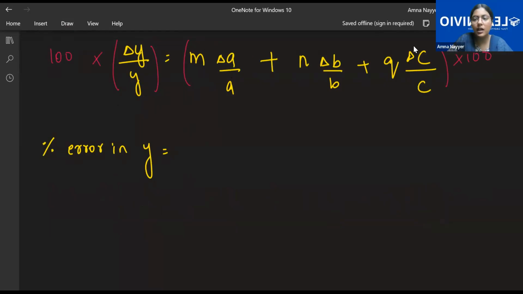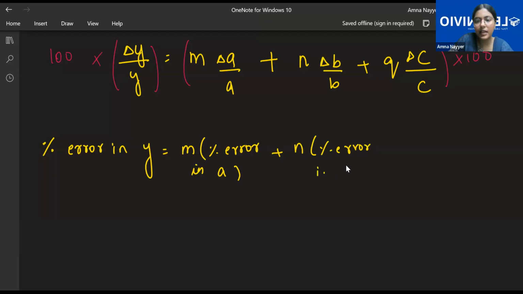This 100 will be technically multiplied inside within the bracket. So it will be m times the percentage error in a plus n times the percentage error in b plus q times the percentage error in c, like this. So this also comes directly in the exam.